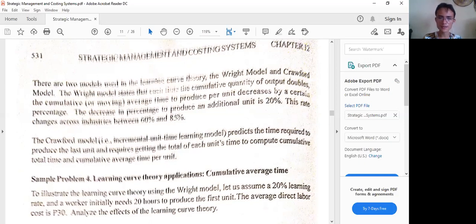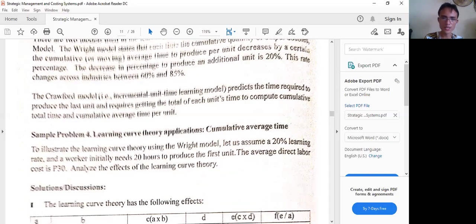Okay, that's the cumulative quantity, of course, meaning the addition. So that's in relation to time, which is also addition or sum because it's cumulative. On the other hand, the Crawford model, that is the incremental unit time learning model, predicts the time required to produce the last unit and requires getting the total of each unit's time to compute cumulative total time and cumulative average time per unit.